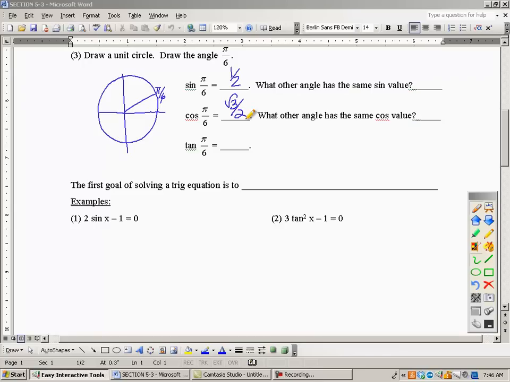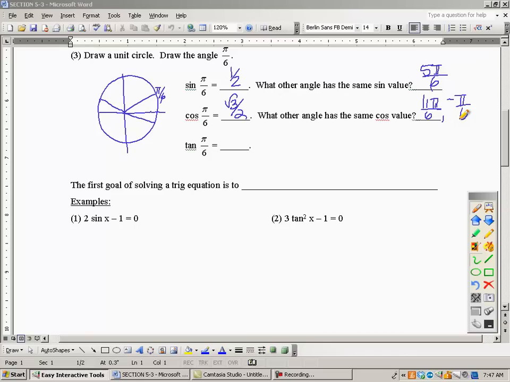Where else is sine positive? Sine is positive in the second quadrant. Okay, so this is at 5 pi over 6. Cosine is positive in the fourth quadrant, which is 11 pi over 6, or you could say negative pi over 6 if you needed.